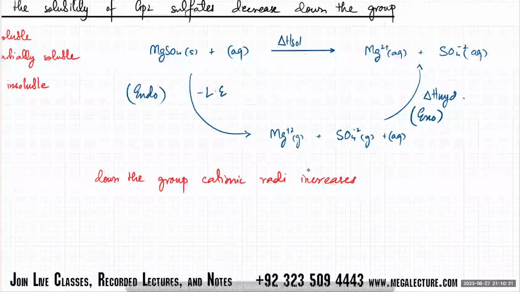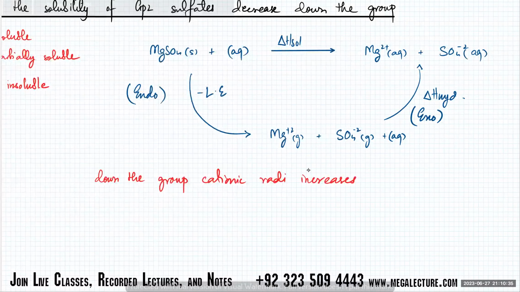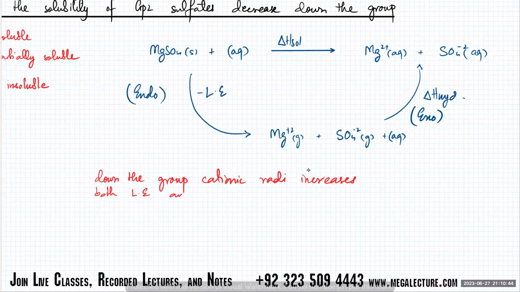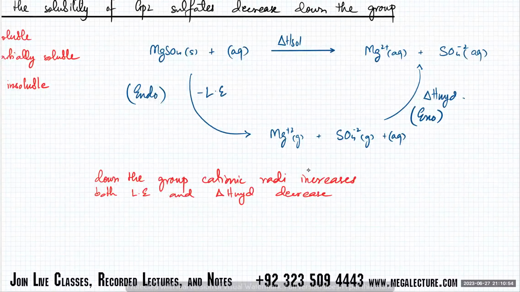If cationic radius increases, so what happens? Both the lattice energy and enthalpy change of hydration decrease down the group. लेकिन कौन सा decrease करेगा?